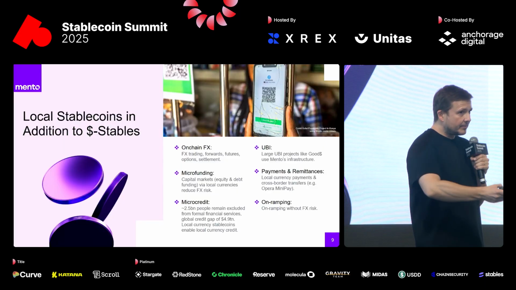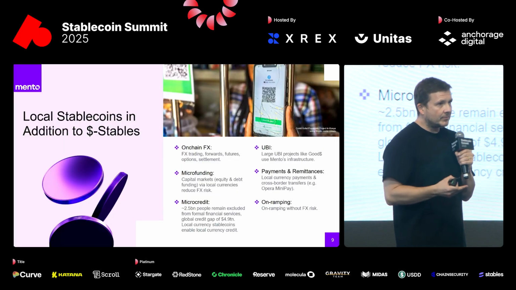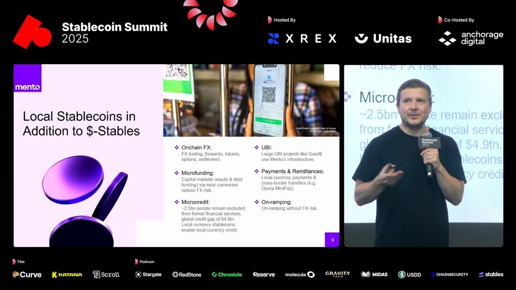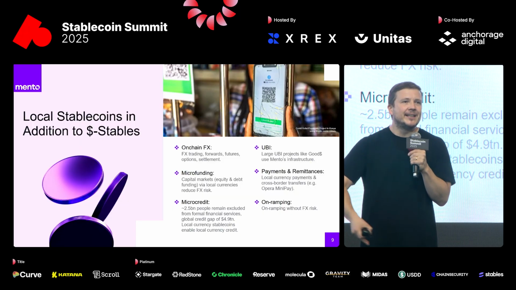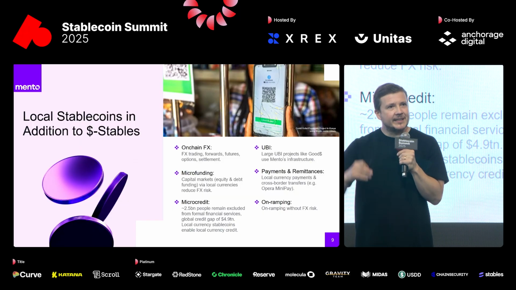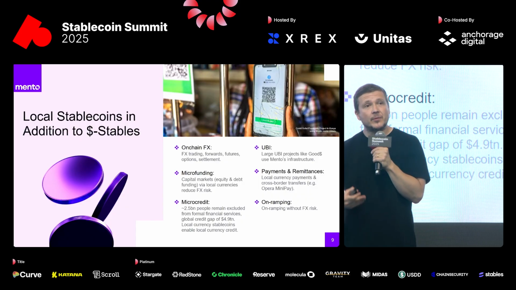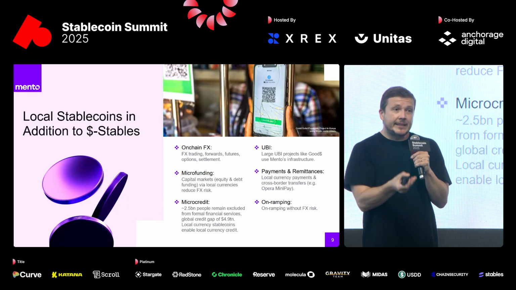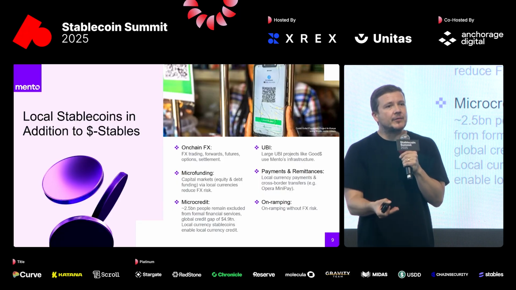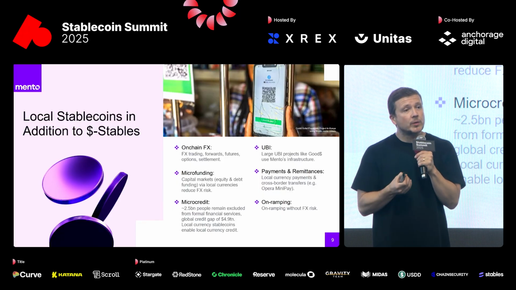There's many other use cases for local currency stablecoins. Unfortunately, we don't have the time to go really deep into them. It's just a very short talk. For example, microlending is also a very interesting use case for local currency stablecoins. If you need a small loan on chain, you always have a preference to get that loan in local currency.